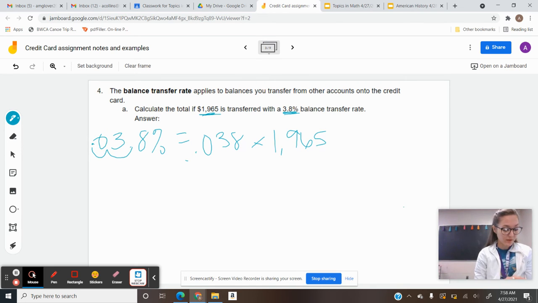We have to multiply those together, and when we do, we get $74.67. So that's how much it costs just to transfer that money. Now we need to add that to our existing balance.